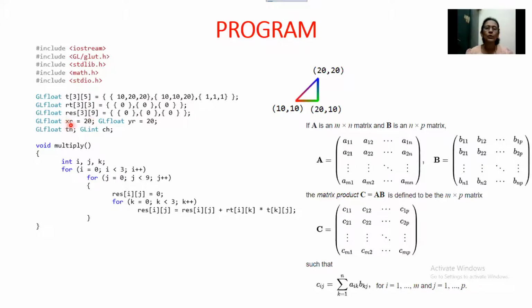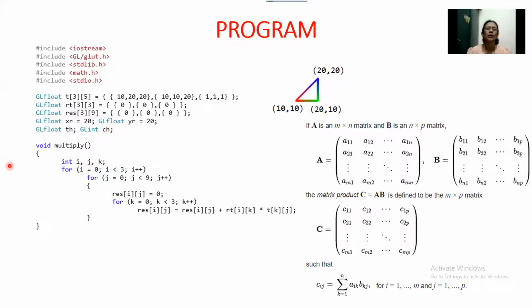We are going to rotate the object about 20, 20, that is XR, YR equal to 20, 20. Now TH gives you the angle theta, and CH is the variable that we use to collect the choice from the user, whether we are going to rotate it about the origin or about the fixed point.